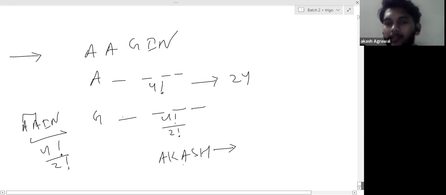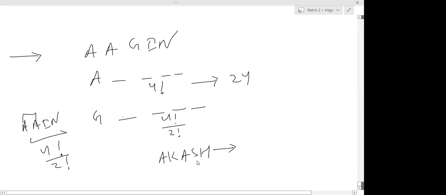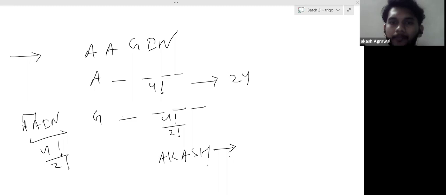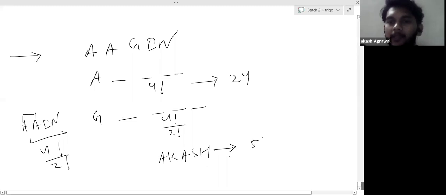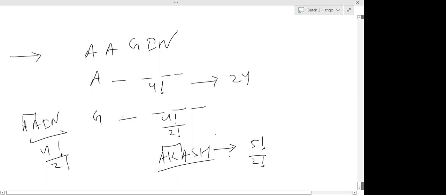Shafullah, how many ways can you arrange all the letters? In 4 ways, sir. You counted 4 ways. This is 5 factorial by 2 factorial, right? 5 letters total, upon 2 are similar. All right. Rahman, so this is clear now.